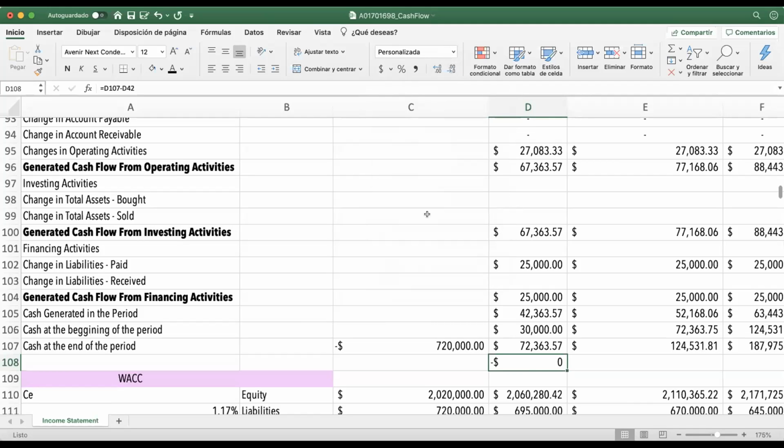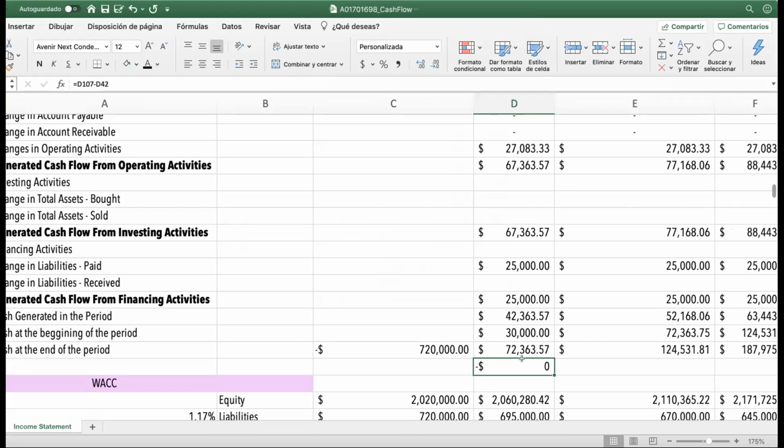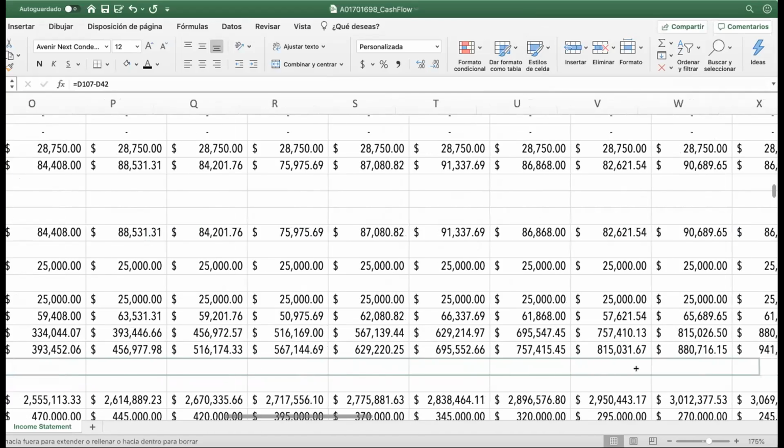Okay, now if those two are zero, it means your cash flow is correct. So take that small square at the bottom right corner of your cell below the 72,000, and just drag it to the right, to all your cash flow to the end.